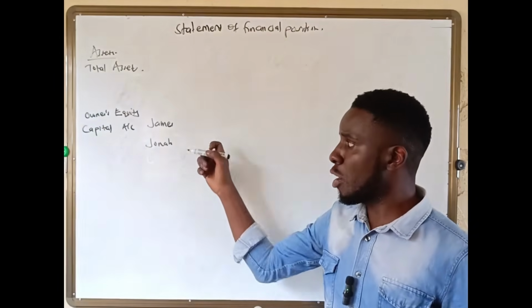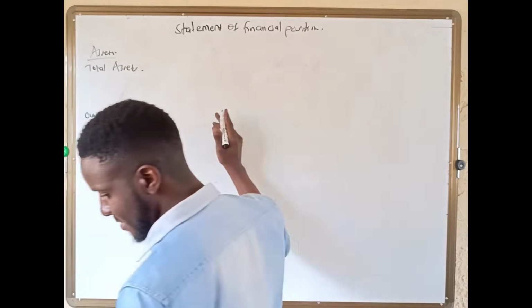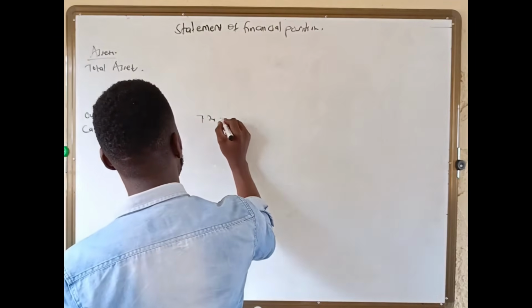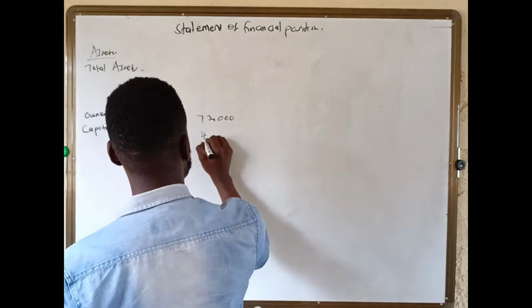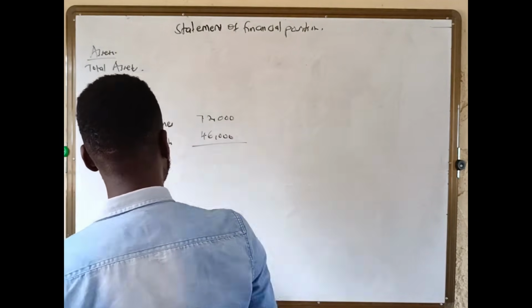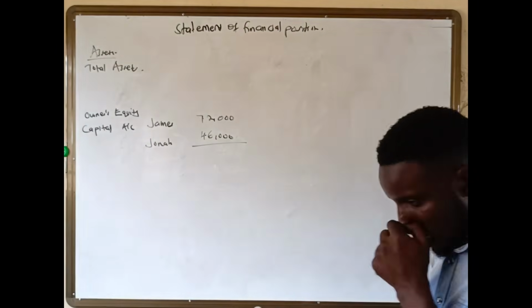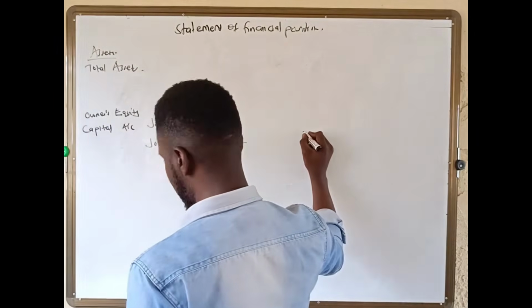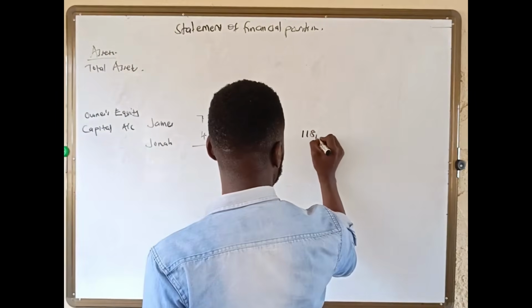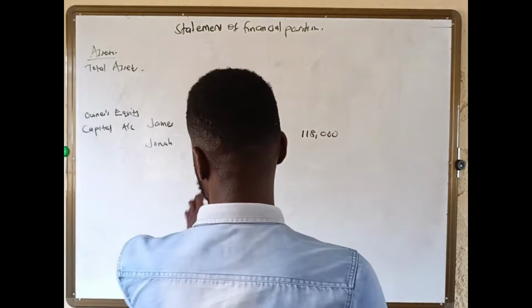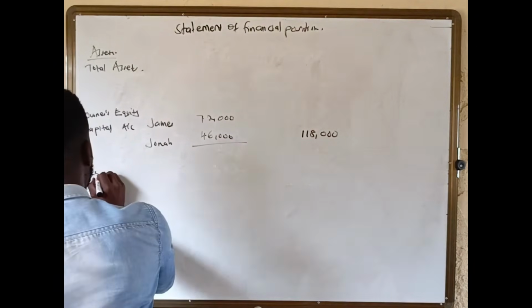Therefore, we go back and say, for James, of course, it was 72,000, and this was 46,000. When we add this, the total of this, actually we shall get 118,000 as a total.